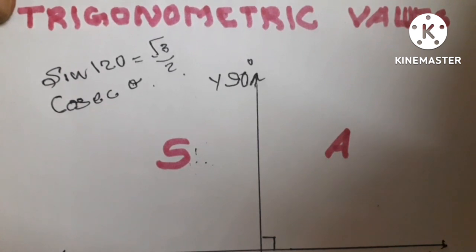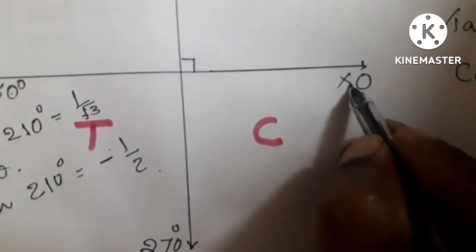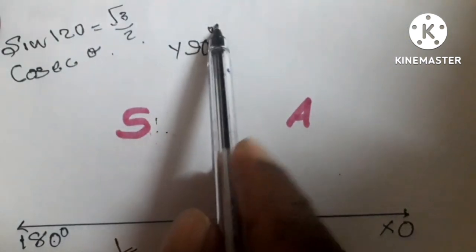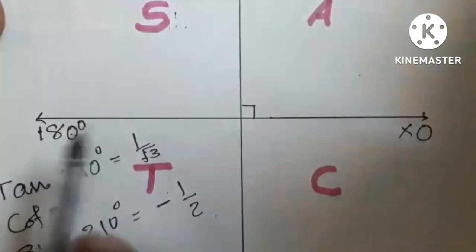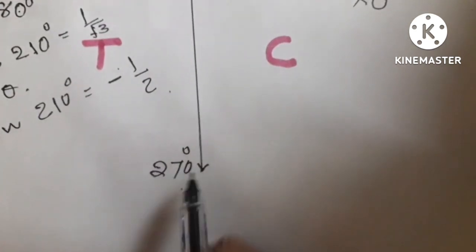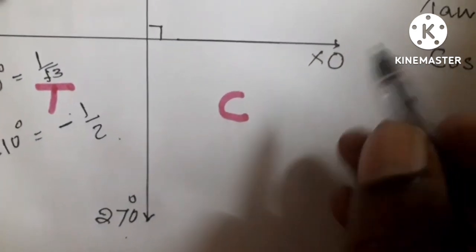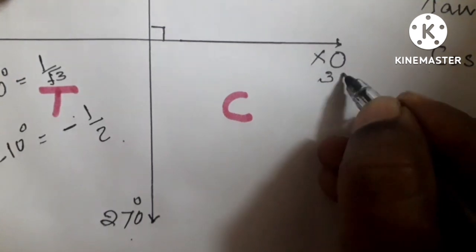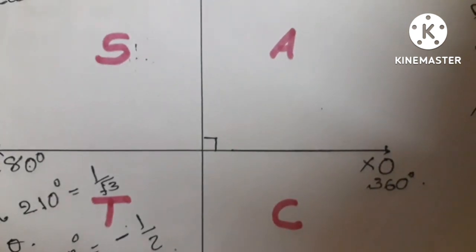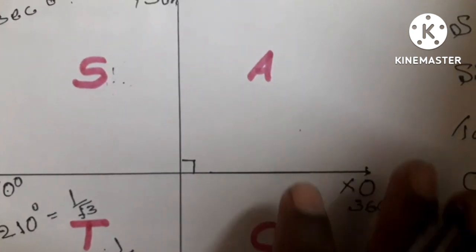Okay. So this is the x-axis. This is 90 degree, this is 180 degree, this is 270 degree, and this is 360 degree. For example, sine 30.